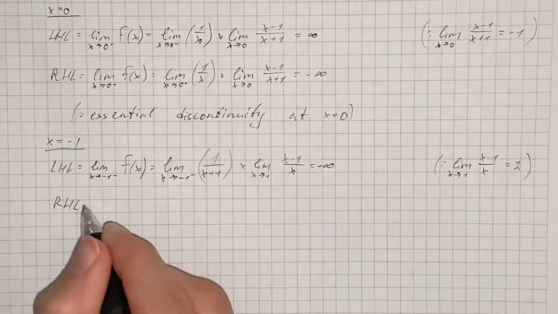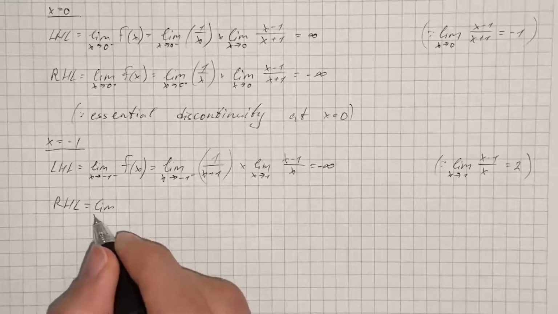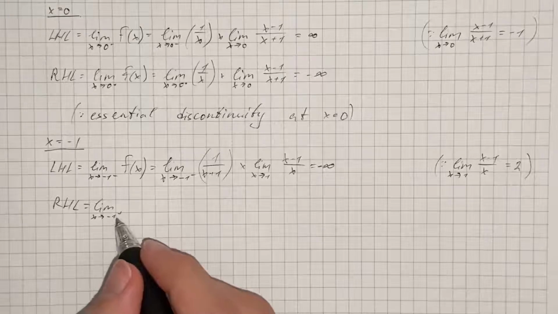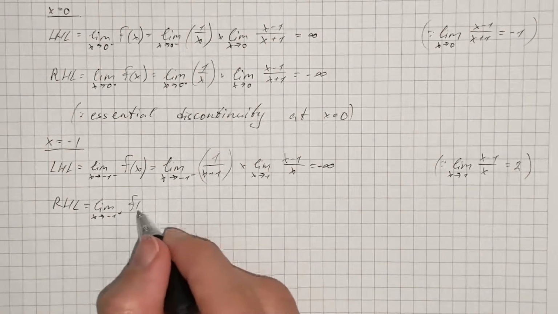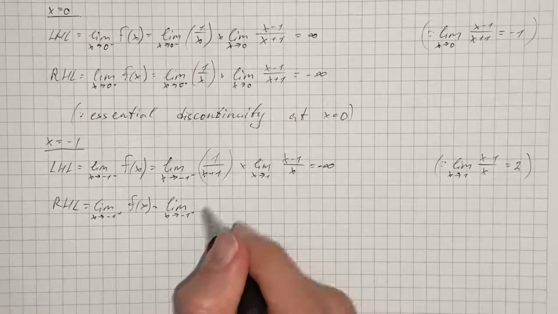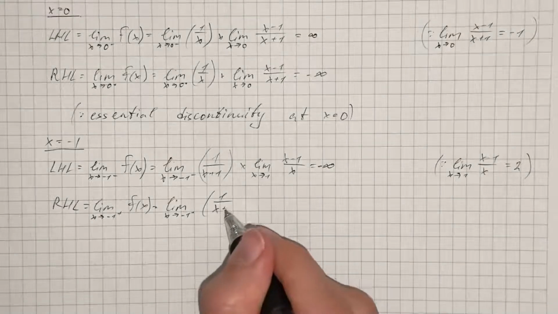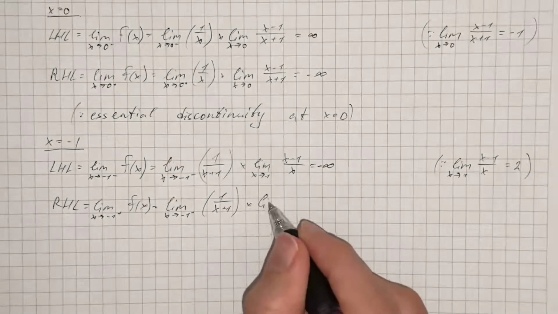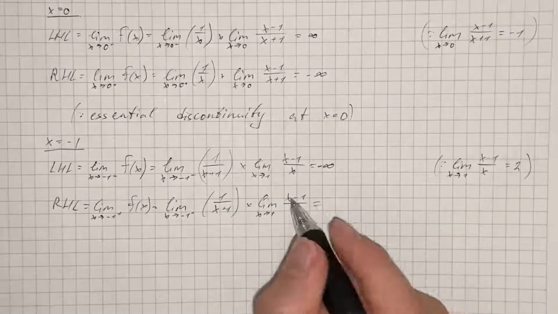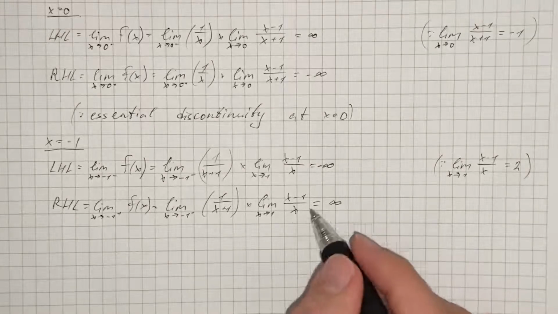And now we're going to find the right hand limit. That's going to be approaching -1 from the right side. And therefore we get that our first limit equals infinity and the second limit equals 2, and therefore our answer is infinity.